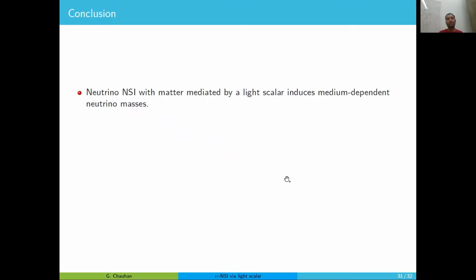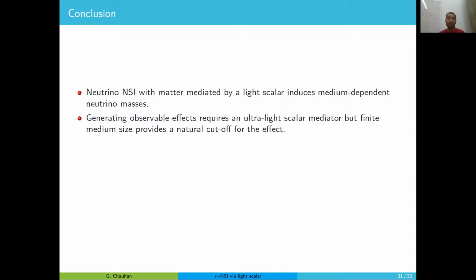So to conclude my talk, I presented that this neutrino NSI with matter mediated by light scalar induces medium dependent neutrino masses. Generating these observable effects for these scalar NSI requires an ultra light scalar mediator, but the finite medium size provides a natural cutoff for this effect, where you would expect that this effect can be as large as possible, since it's suppressed by 1 over m phi squared, but that's not the case.